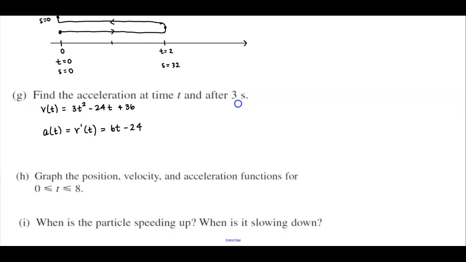And then we want to find out what is the acceleration after 3 seconds. We want to find a of 3. So we're going to plug in 3, so 6 times 3 minus 24 is going to give us -6, and that's feet per second over seconds, which is actually equal to -6 feet per second squared.